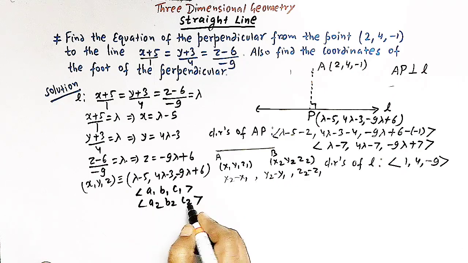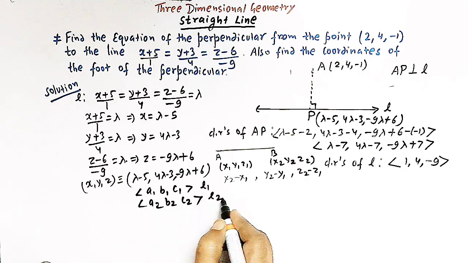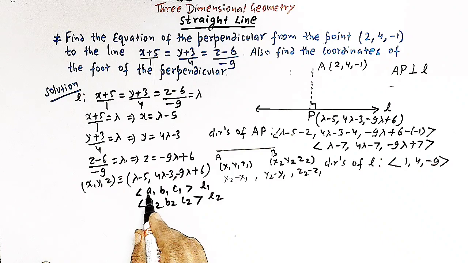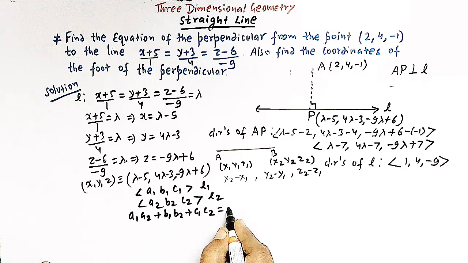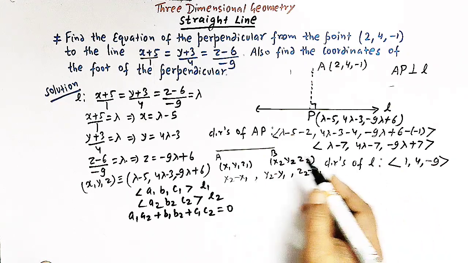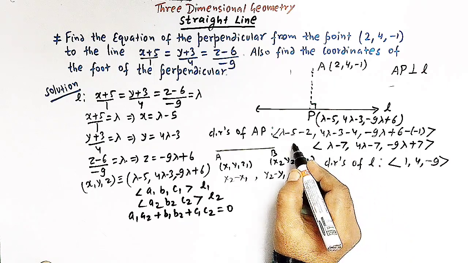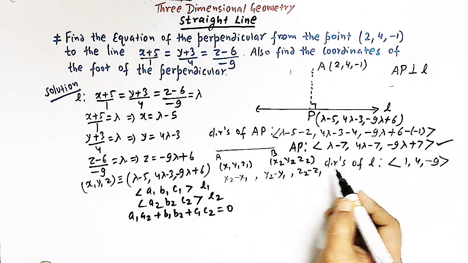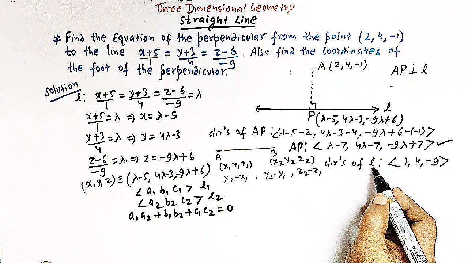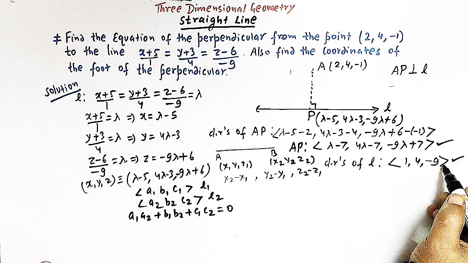If these two lines, say L1 and L2, are perpendicular, then the condition is that a1 a2 plus b1 b2 plus c1 c2 is equal to 0. So here the direction ratios of AP are given by these numbers, and the direction ratios of the line L are given by these numbers.